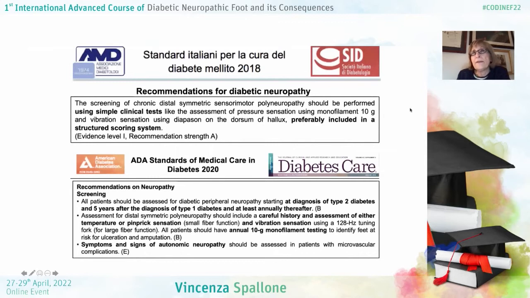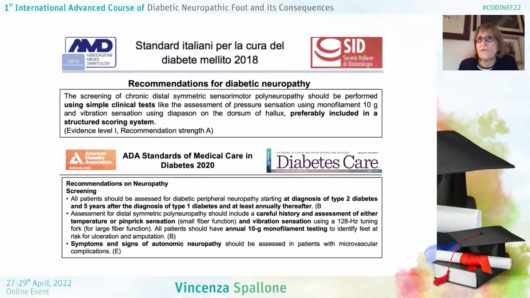And the national diabetological societies have an approach to the screening and diagnosis of diabetic polyneuropathy that favors ease and accessibility. Just using simple clinical tests is enough for screening and diagnosis.